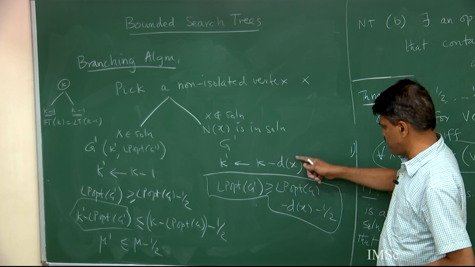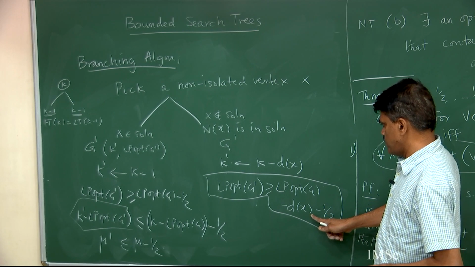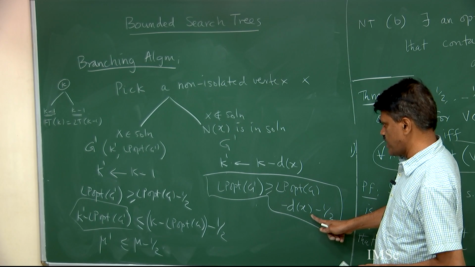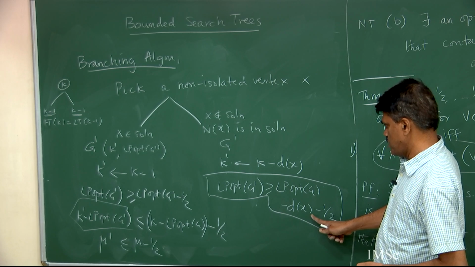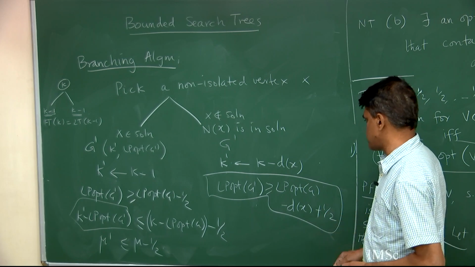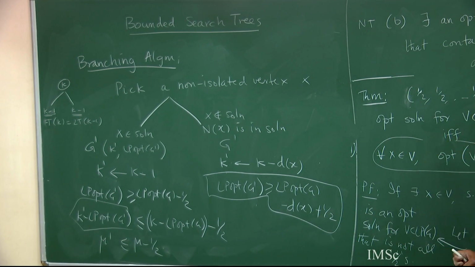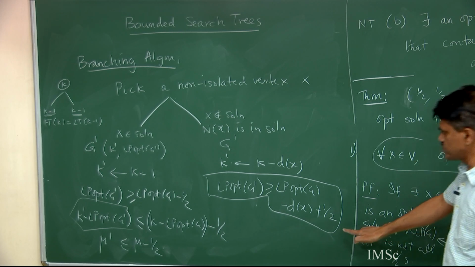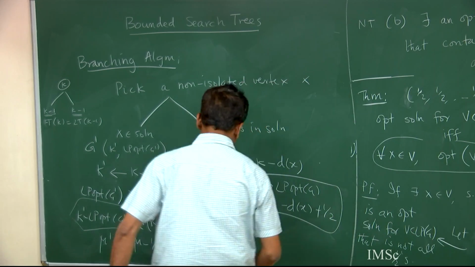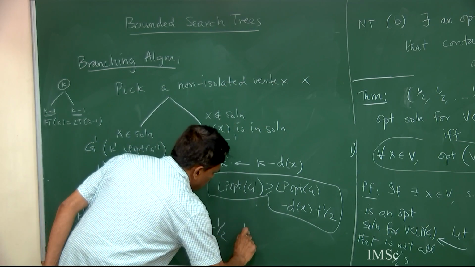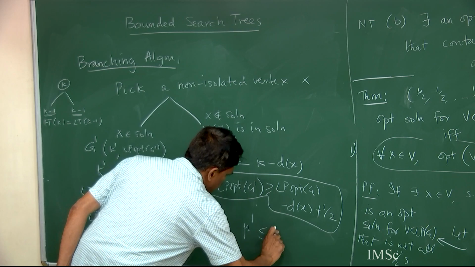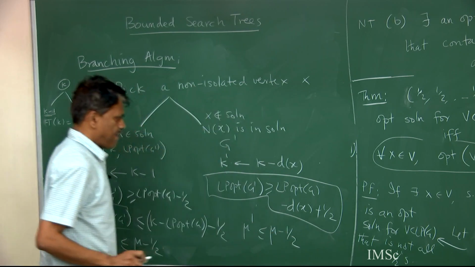So, K minus LP, this will cancel out, and I get plus half. Yes, that is what I was going to show. If I show this, then I can say in this branch also my mu prime is less than or equal to mu minus half.